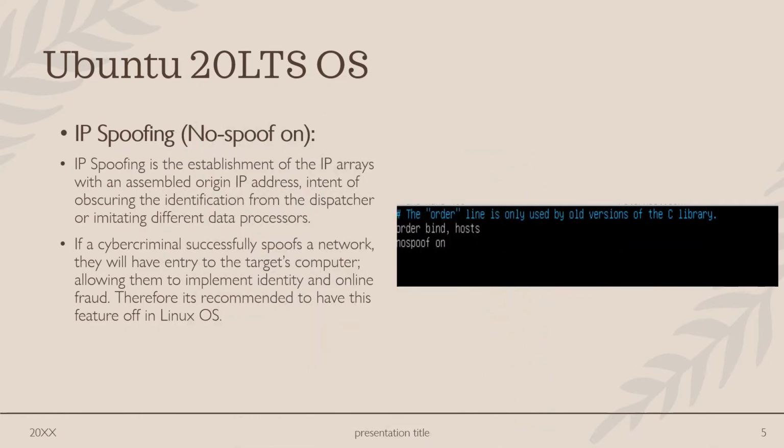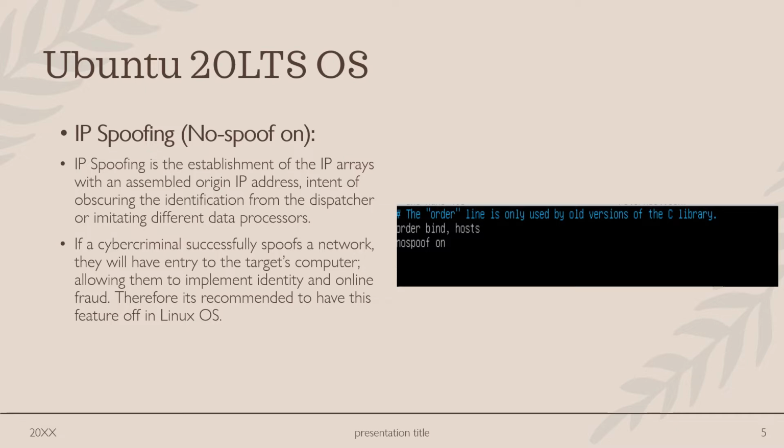Okay, so starting with Ubuntu operating system hardening recommendations, number one, we're going to start with IP spoofing, which is no spoof on. IP spoofing is the creation of IP packets with a forged source IP address, with the intent of obscuring the identification of the sender or impersonating another computing system.